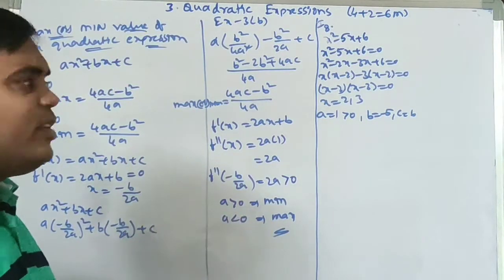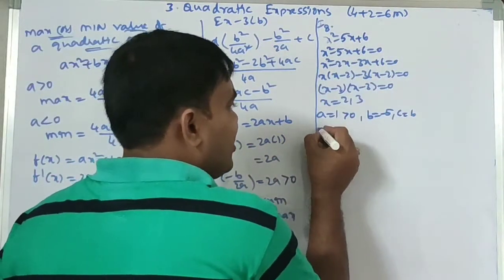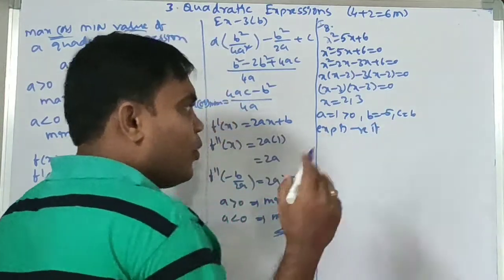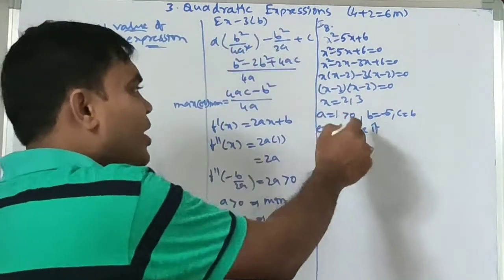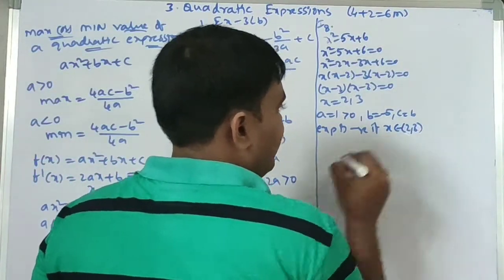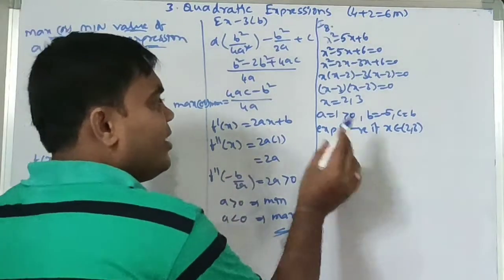Here the value of a is positive. The expression is negative when it has the opposite sign of a, which is possible if x belongs to 2 comma 3. If x lies between 2 and 3, then it is negative.